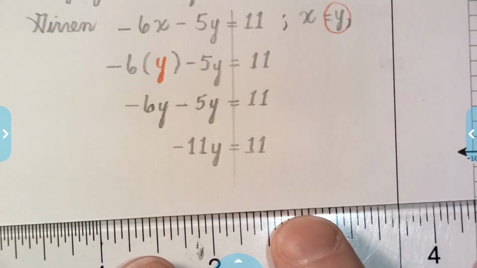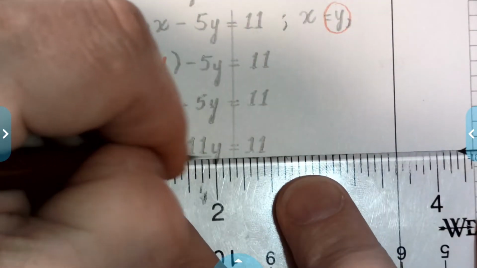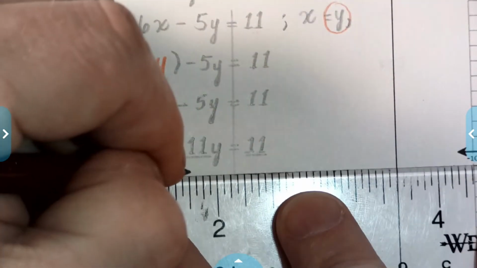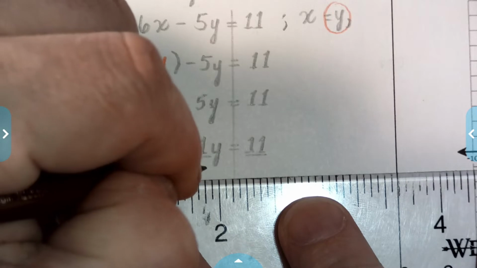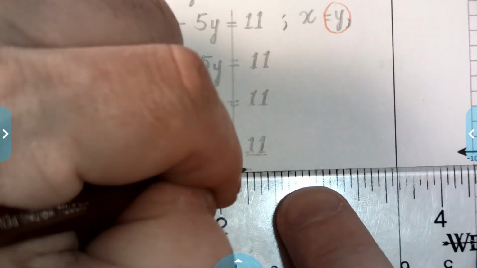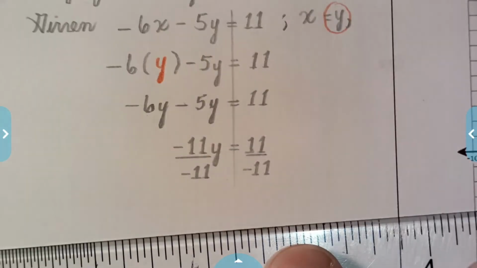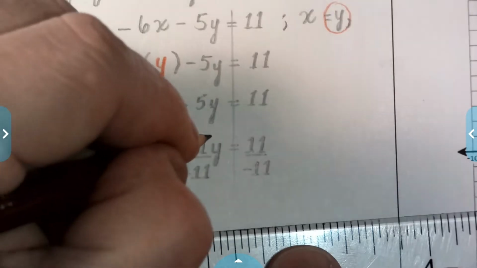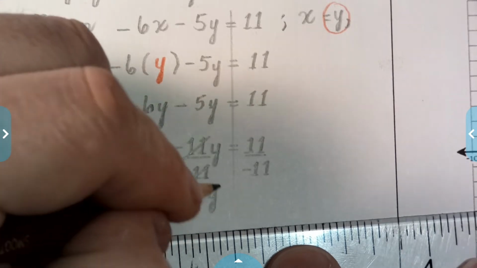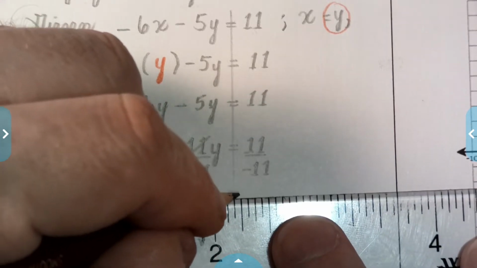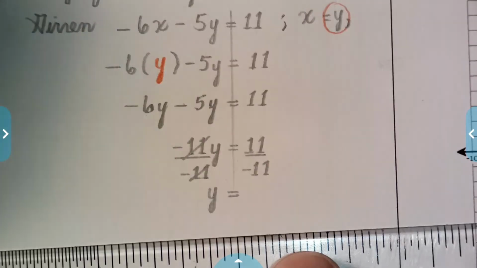I think we all know where this is going. We're going to divide both sides by negative 11. And I've got something divided by itself, those cancel, y equals, and then I've got something divided by the negative version of itself, which is just going to be negative 1. So y equals negative 1.